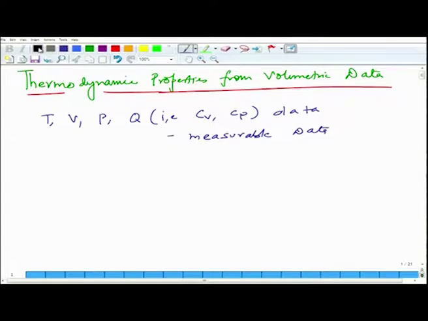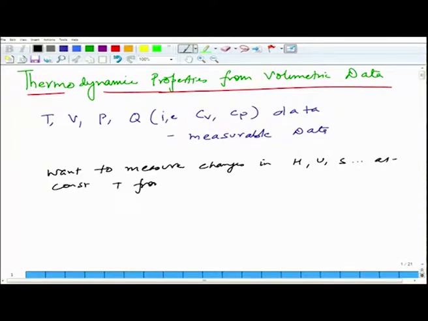And the interest is basically we want to find out the changes in thermodynamic functions, such as enthalpy and entropy S, at constant temperature from P, V, T and given composition data.